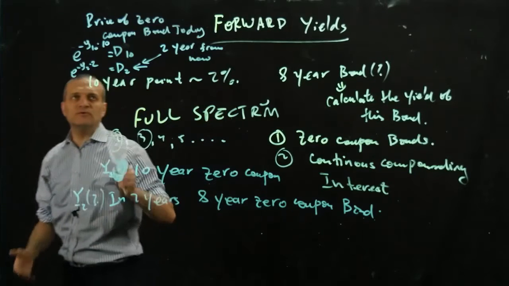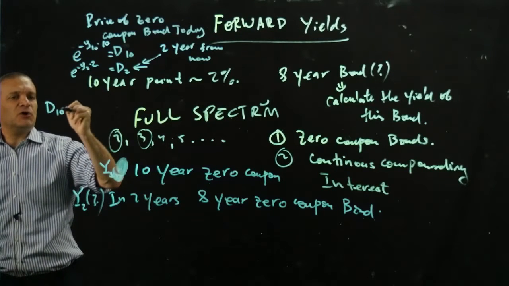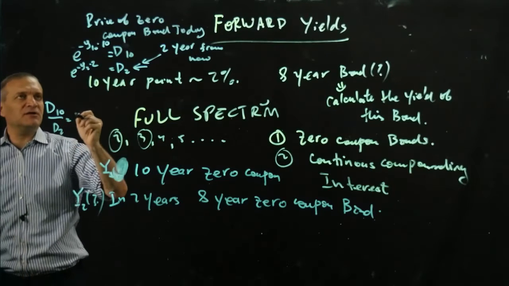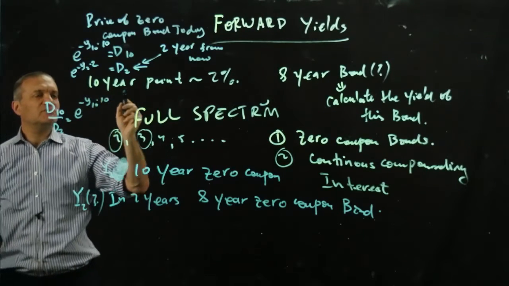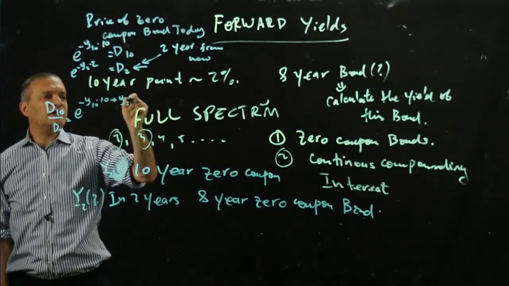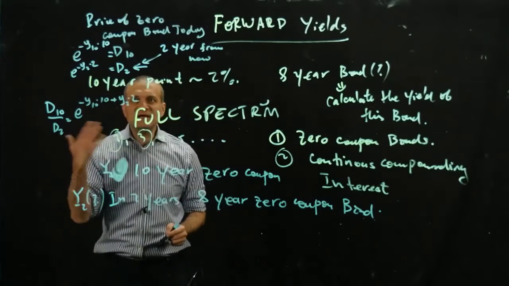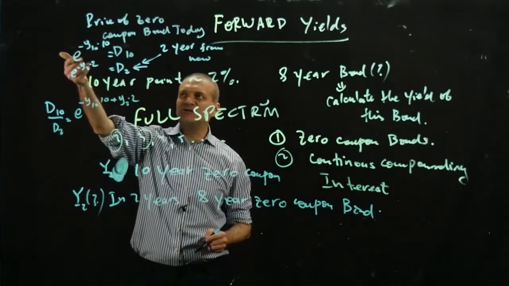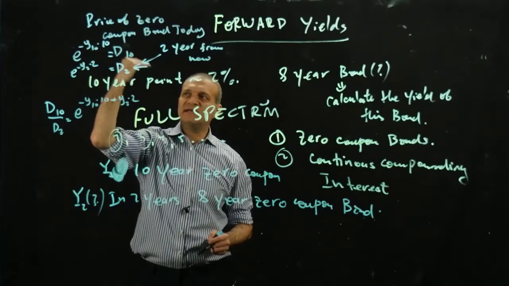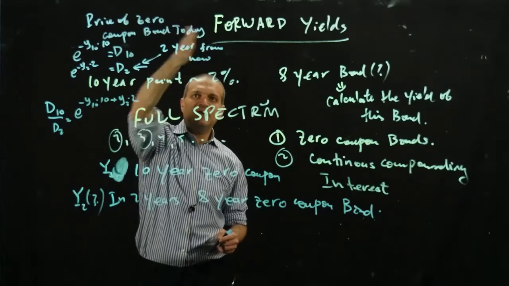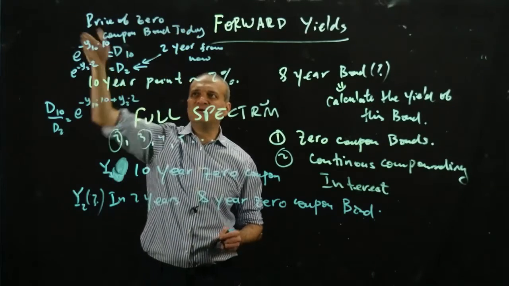All you need to do is take your D10 and divide by D2. So basically you have e to the minus y10 times 10 plus y2 times 2. You can think about this as compounding interest. Let's say 75 cents today will be equal to $1 in 2 years. So 3/4 today equals $1 in 2 years.